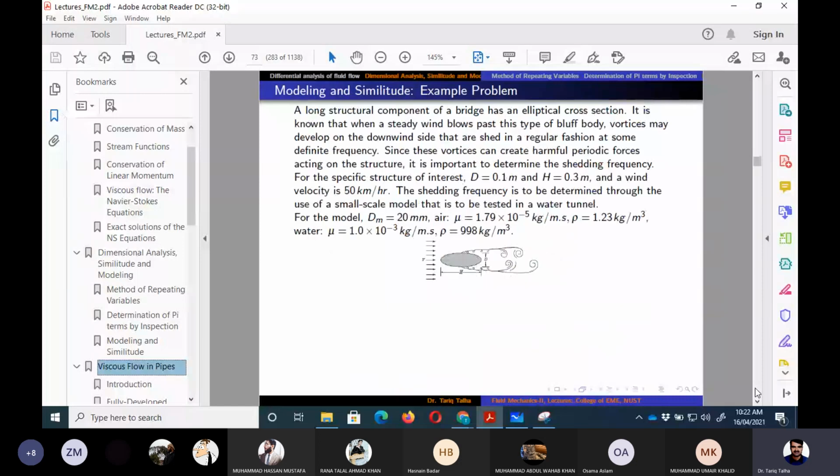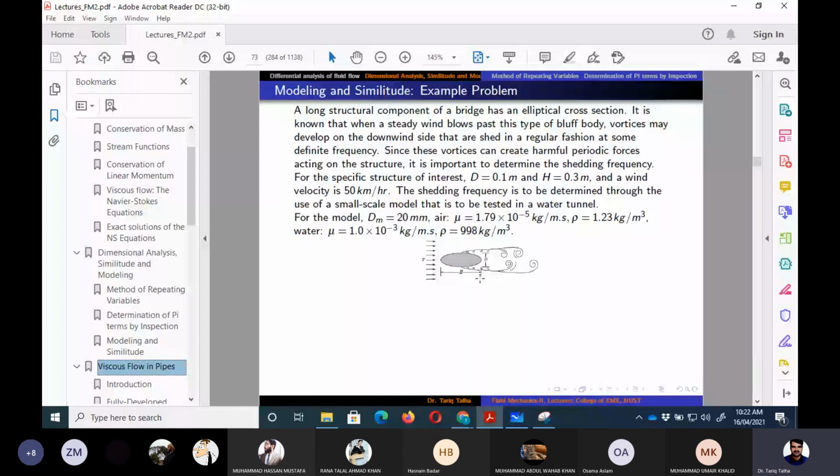Okay, so now we do the first problem related with modeling and similitude: a long structural component of a bridge has an elliptical cross section. Here we can see that this cross section is elliptic, and it has two dimensions: in the flow direction it is h, and in the vertical direction it is d.